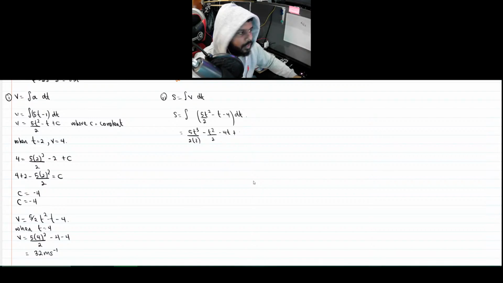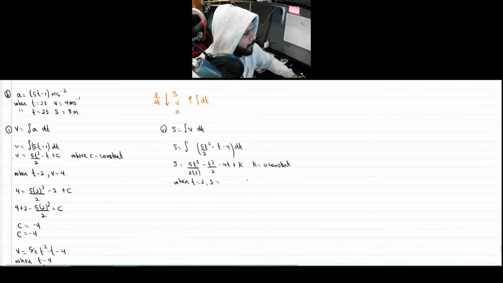Plus value c, so I'll use a different constant k, but k is a constant. The next condition is when t is equal to 2, s is equal to 8. So we have 8 is equal to 5 into 2 cubed over 6 minus 2 squared over 2 minus 4 into 2 plus k.